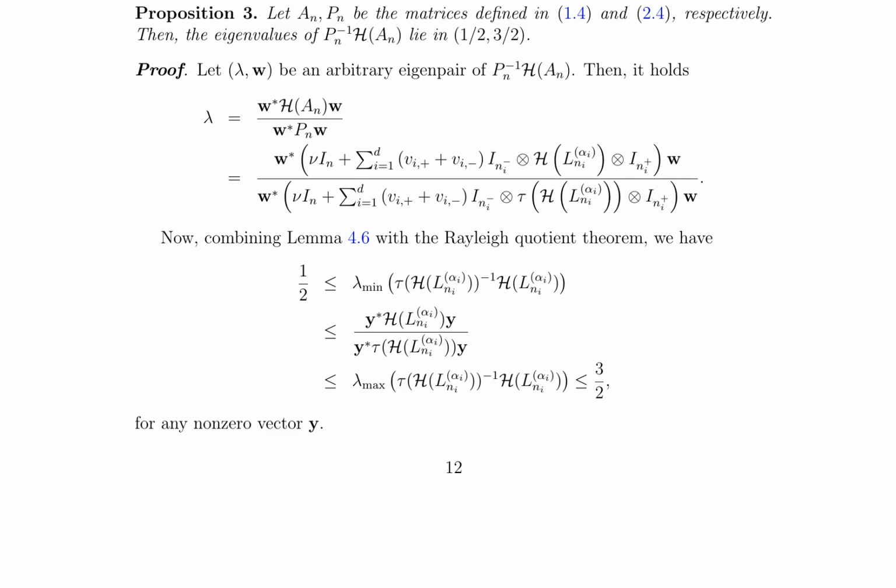Proposition 3 shows that P_n and H_n are spectrally equivalent, with the eigenvalues of P_n^{-1} H_n lying in [1/2, 3/2]. This result is established by combining Lemma 4.6 with the Rayleigh quotient theorem, implying that the preconditioner P_n can effectively replace H_n in the MINRES method, ensuring optimal convergence.